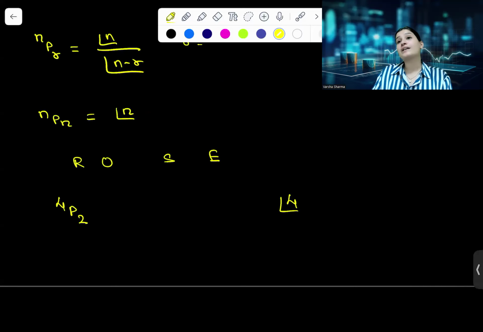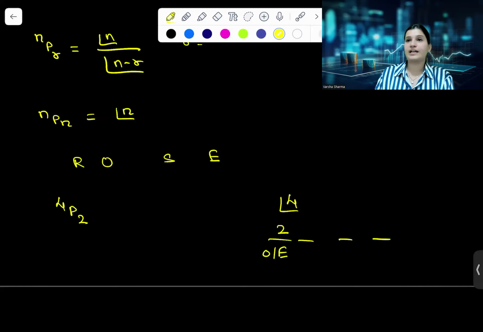Now, if I want to start my word with a vowel, so the first position has to be filled by a vowel. So either O will sit or E will sit. There are two options for this, right?